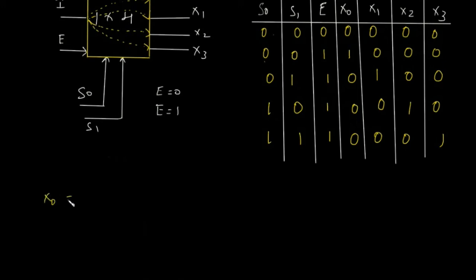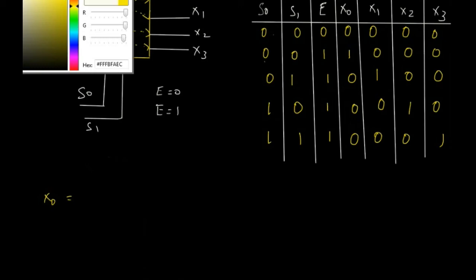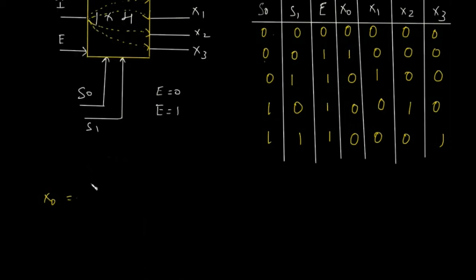X0 will be enabled only when you have E enabled and S0 is 0 and S1 is also 0, right. When you get X1, S0 is 0 and S1 is also 0, so E should be there.